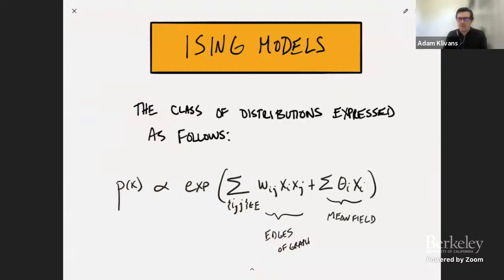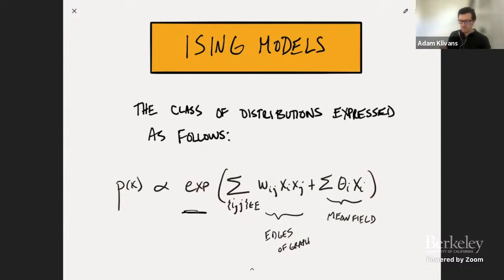And as I said, one particularly important class of distributions that we're looking at are Ising models. Those are the distributions where the PDF is proportional to exp of the sum over all edges in your graph, a weight Wij times Xi Xj, plus something called the mean field, which is just some theta i Xi, some linear combination of your vertices.